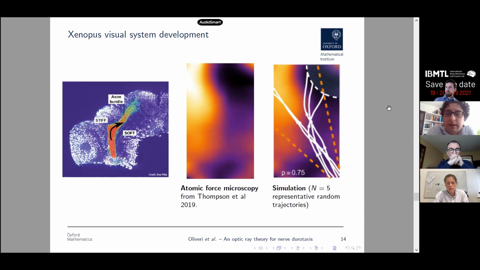This shows that the durotactic effect has indeed the potential to contribute to this caudal turn, although we cannot really see the sharp angle that we see in vivo. This suggests that other effects like chemotaxis, which is a known effect, and steric hindrance by cell bodies could also have a very important effect on this process.